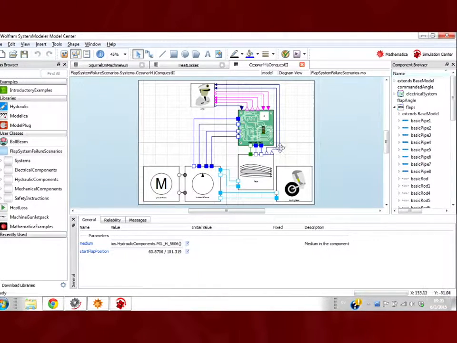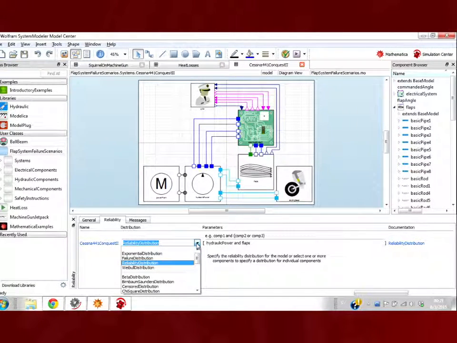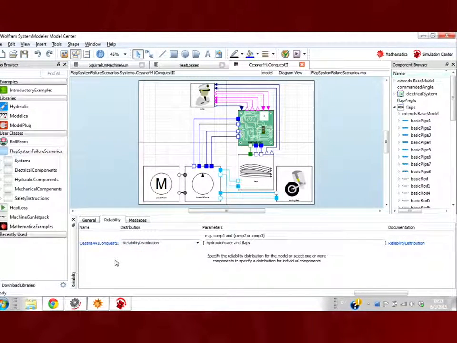But what matters is that we now have a reliability tab here. In the reliability tab, you can set distributions to any component, any system, and describe, for instance, a reliability distribution. You can pick any of the distributions available in Mathematica, like sensor distribution, reliability distribution, and so on, and then set some functionality.